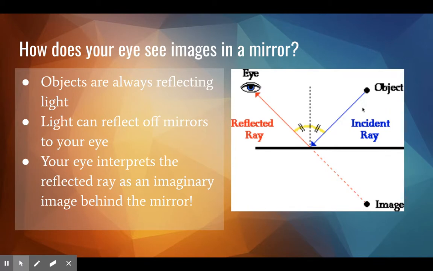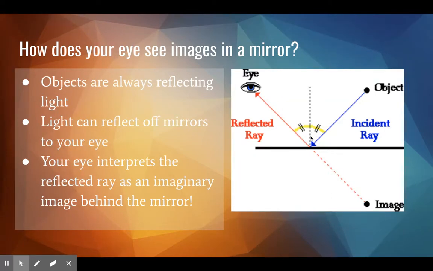So we have a rule of reflection which states that the angle in which rays hit a mirror is the same as the angle that's reflected back to our eyes. If you haven't learned about angles yet in math, we'll talk a little bit about it in this project. This is a measured angle here, and this is another measured angle here.